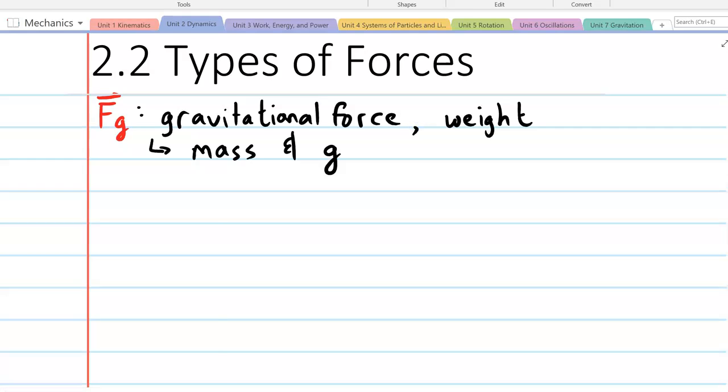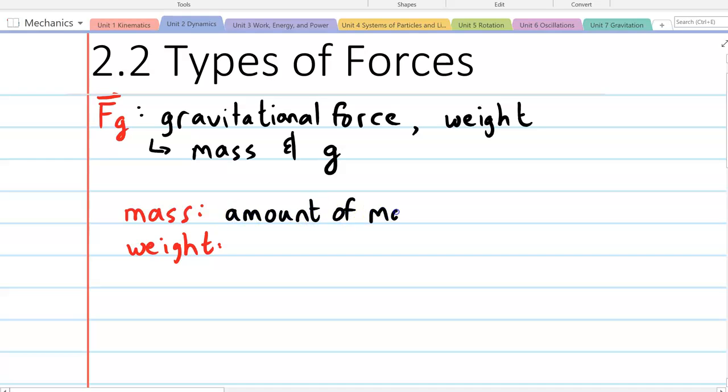A lot of people confuse weight and mass, so here's a good scenario to differentiate between them. Let me draw it here. Mass is just an amount of matter. It doesn't matter what location you're in, you still have the same amount of matter. You don't suddenly lose it if you're on the moon or somewhere else in the universe, so you have the same mass.